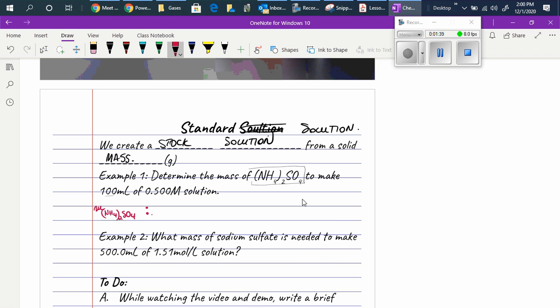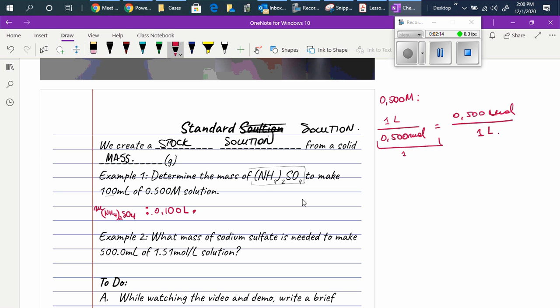We start with 100 milliliters or 0.100 liters, times the molarity. 0.500 molarity means that in 1 liter we have 0.500 moles.